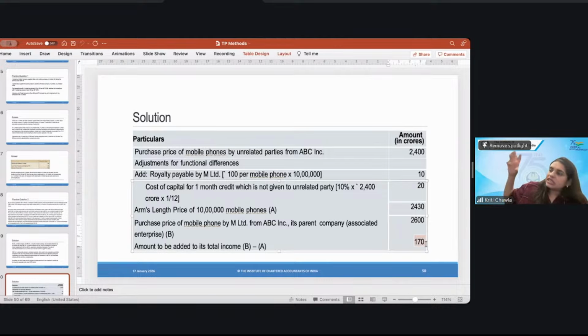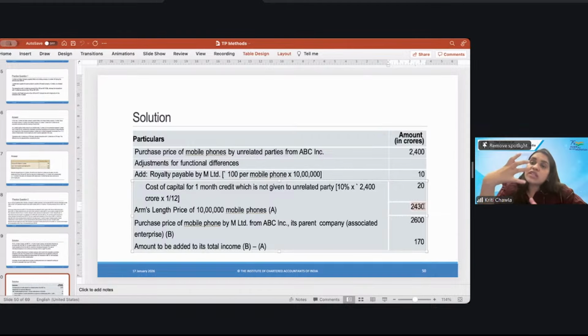So you have to compare the related party price with the unrelated party price. For CUP, as I keep mentioning, you start with the unrelated party price and then bring it closer to the related party price using all the functional differences and adjustments provided. We arrived at 2430, which should have been charged.